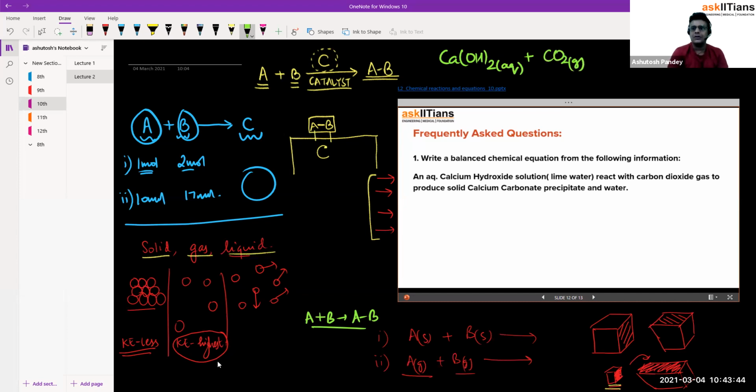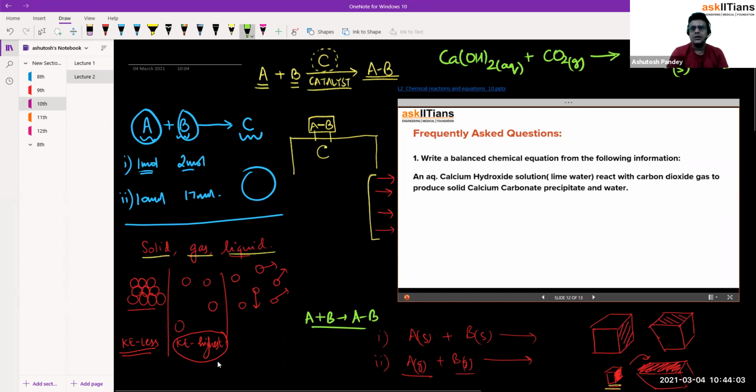This will produce solid calcium carbonate precipitate, so we'll write CaCO3 solid plus H2O water.